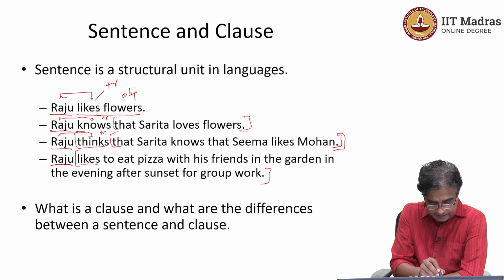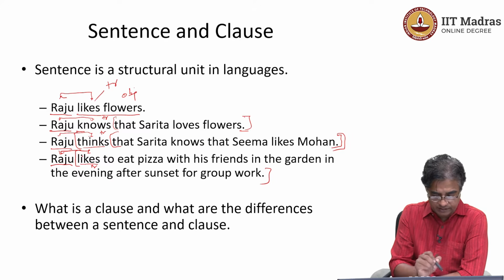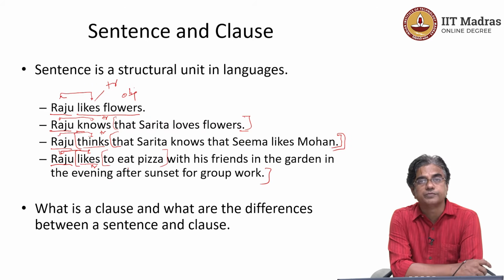Here, likes is the verb. It's a transitive verb again. There is an agreement between subject and the verb, and this is the object of the verb.